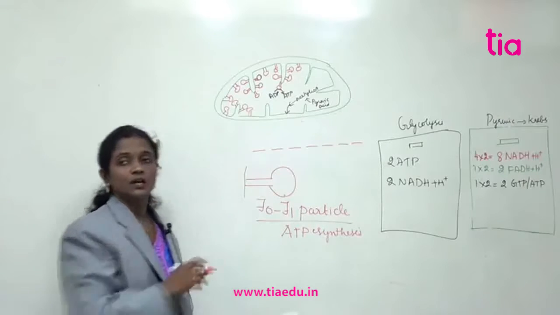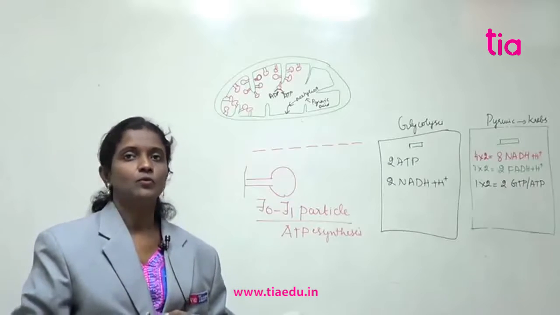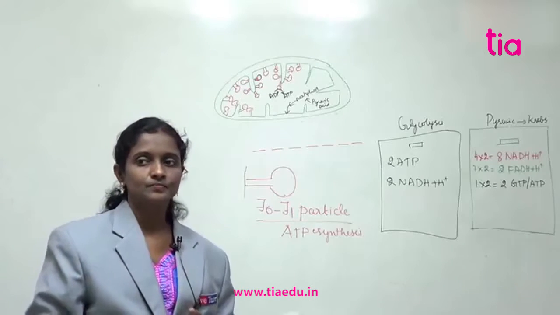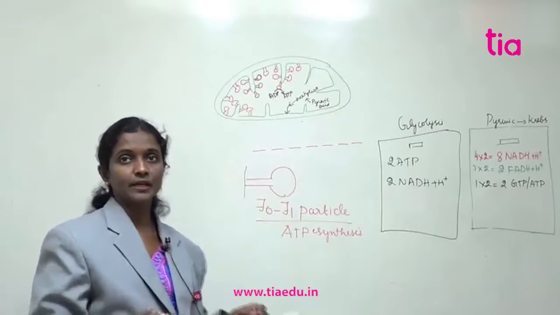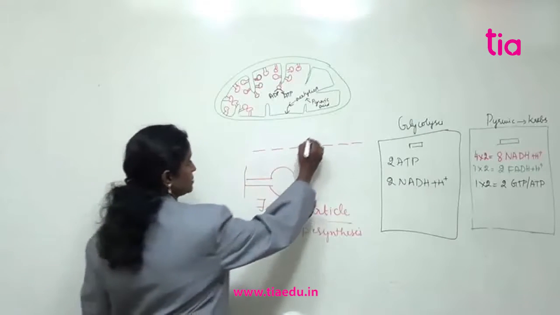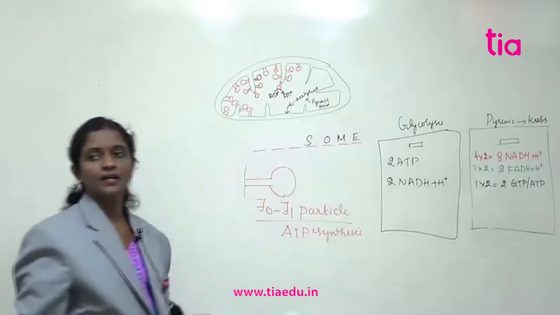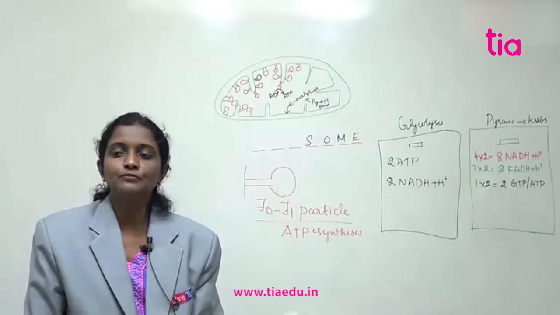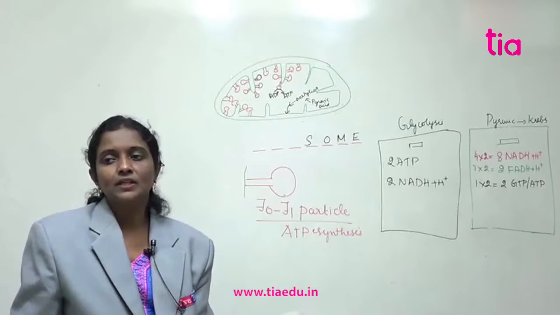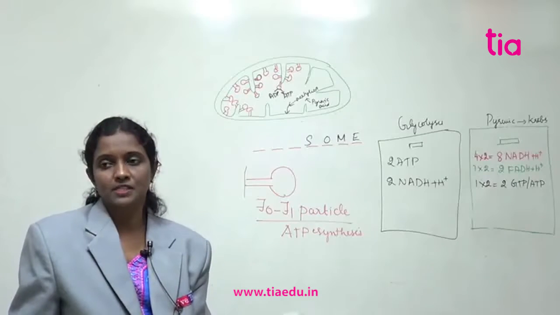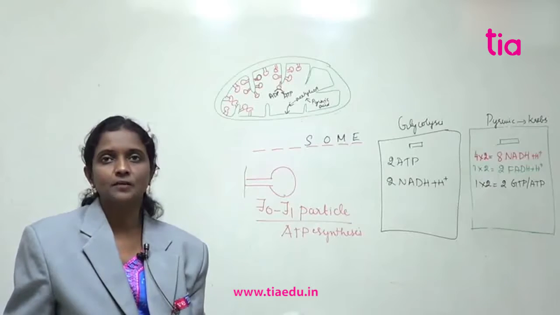Is there another name for this? Can you tell another name for this F0, F1 particle? I have given blanks there. Maybe I can fill up some. It ends with SOME. You have to just prefix the three-letter word and tell me the answer.